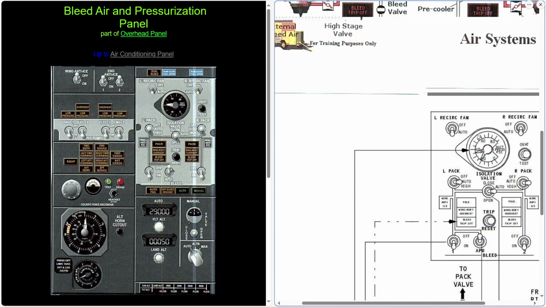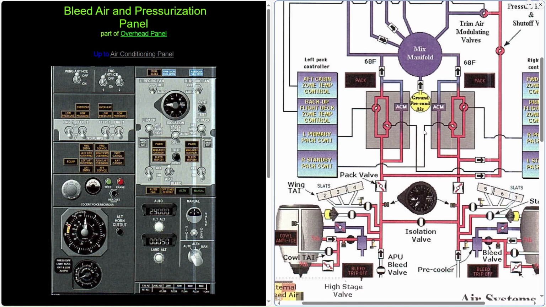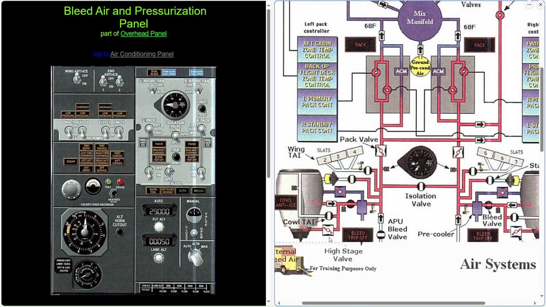We're going to go a little bit more in depth, and this is why I love this schematic. So you see there was the bleed, the bleed trip off as we come from the bottom, and as you see, this right here coincides with the engine.